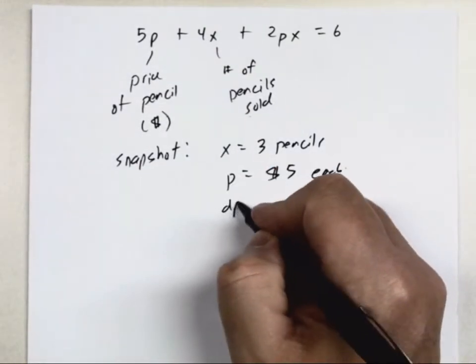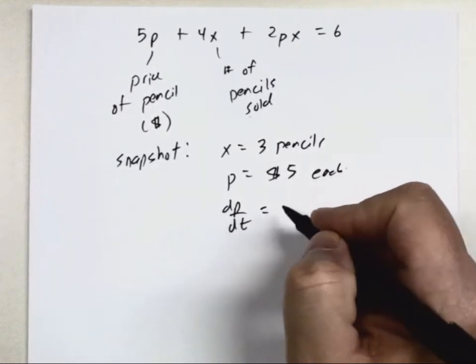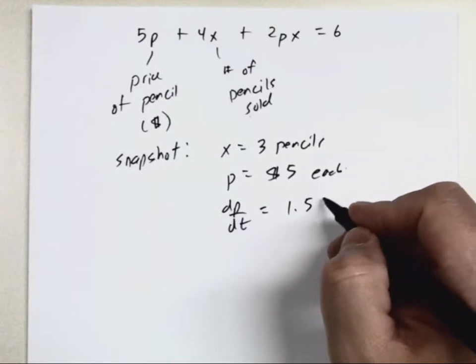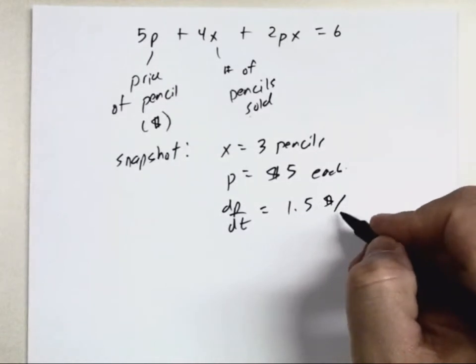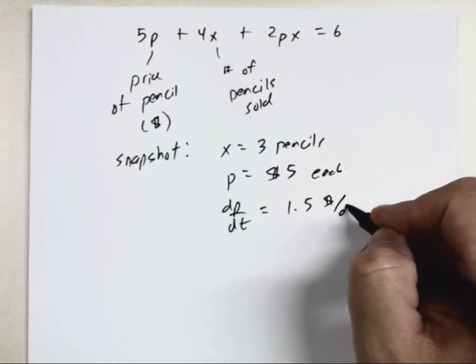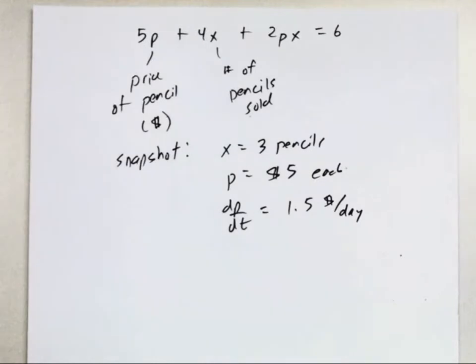And then they say dP/dt equals 1.5, and that should be in dollars per day, since they measure it in days.